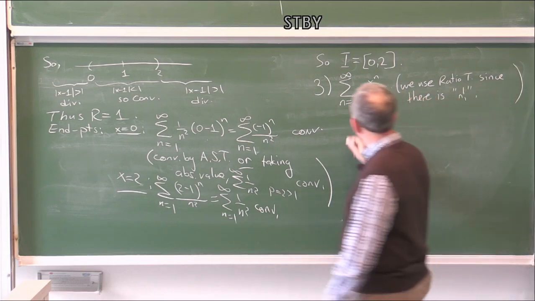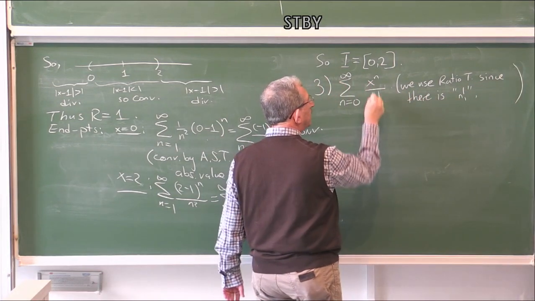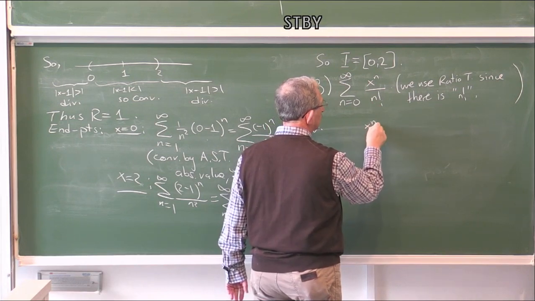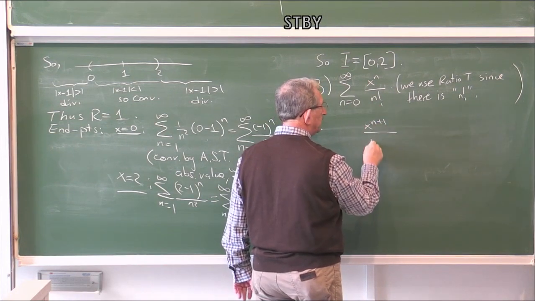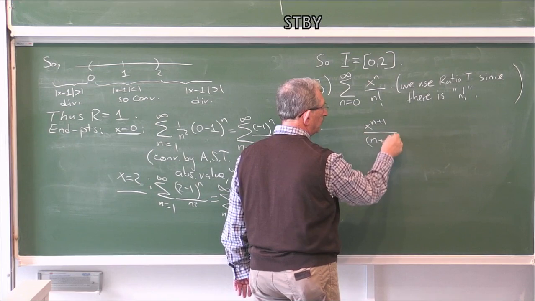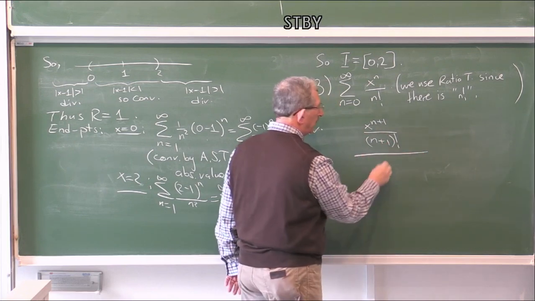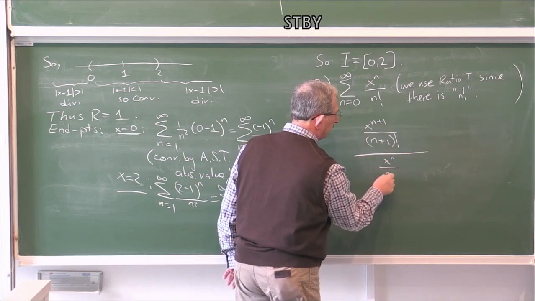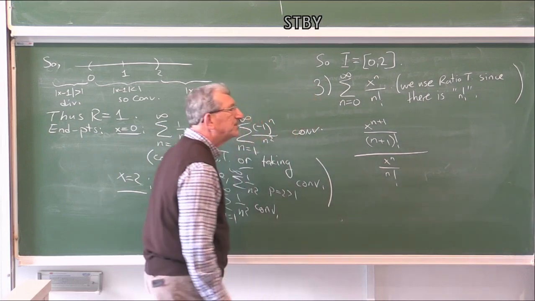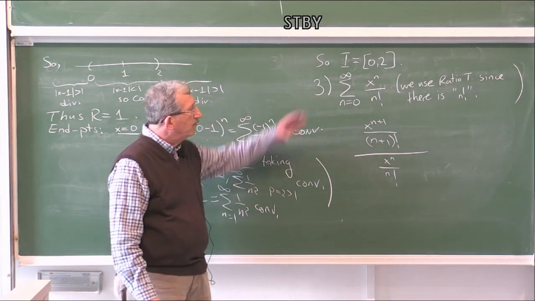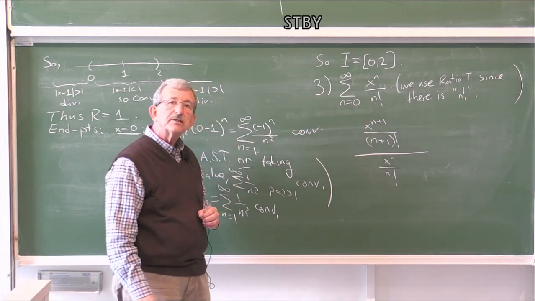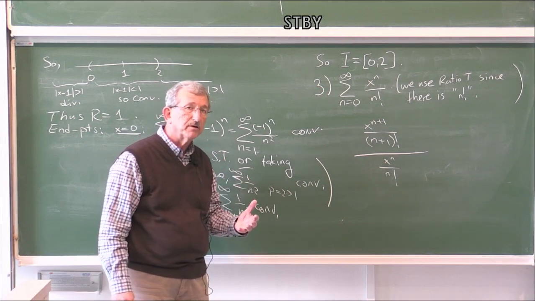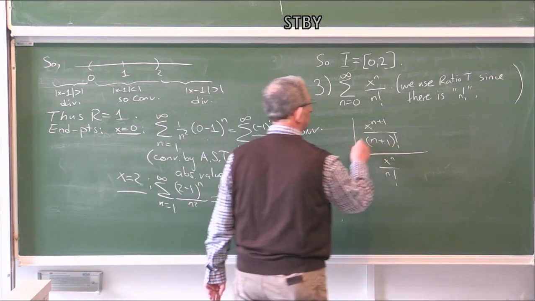So we look at the ratio, that is x to the n plus 1 divided by n plus 1 factorial divided by x to the n over n factorial, of course, as before. We cannot apply the ratio test if we don't know positivity, so we make it positive.